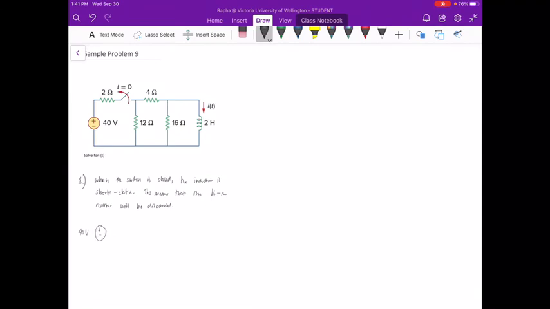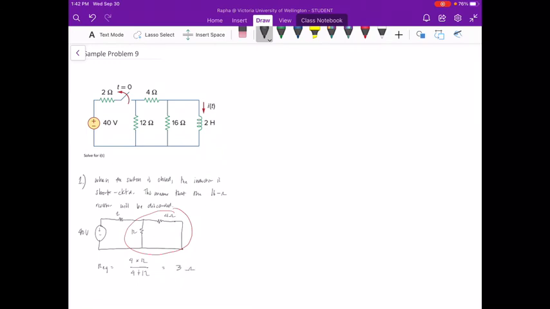We have 40 volts, we have 2 ohms, we have a 12 ohm resistor and our 4 ohm resistor. So we can solve for the equivalent resistance of this network. First, we have Req is equal to the parallel sum of 4 times 12 over 4 plus 12, and that is equal to 3 ohms.